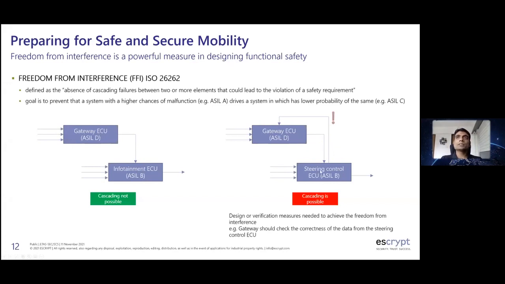In this case, as you can see, there is an ASIL B device steering control trying to drive the gateway ECU, which is ASIL D. So here cascading is possible. Here a failure from this ECU can lead to failure in the other ECU. This should be avoided, and this is where a lot of mechanisms would be needed going forward, like design dependence analysis, for example.